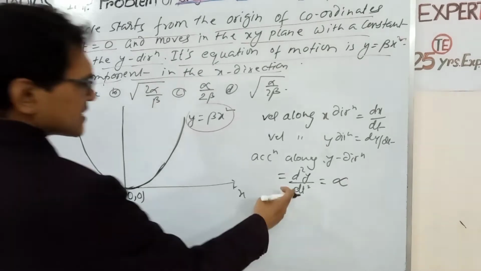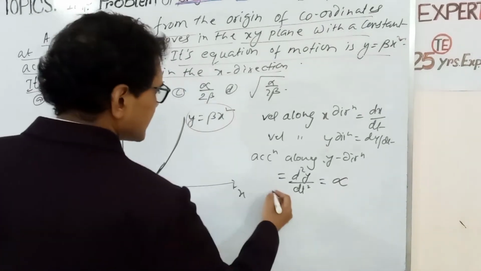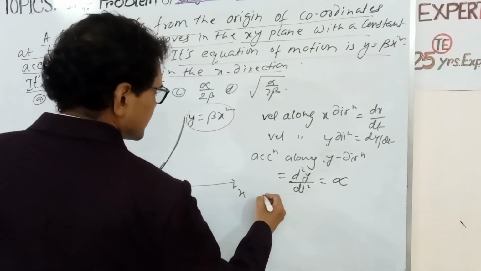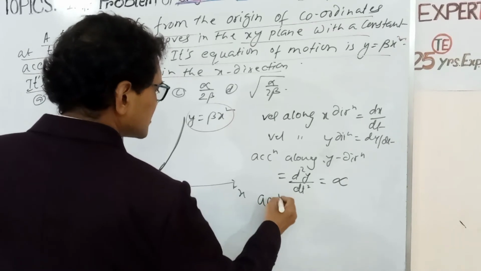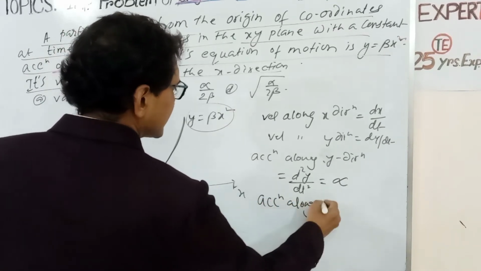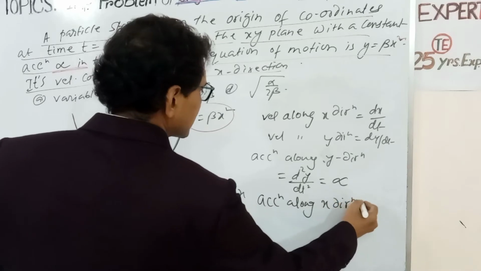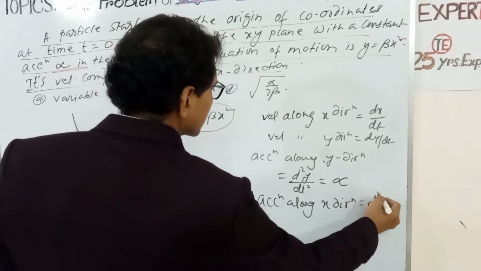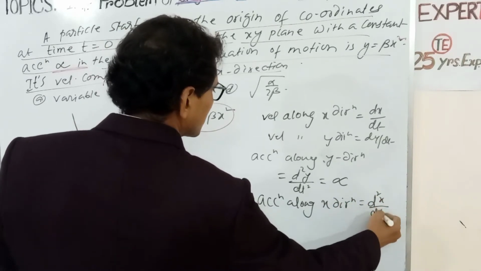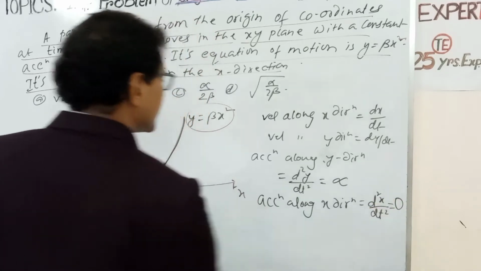Acceleration along the x direction equals d2x by dt square, which is equal to 0.